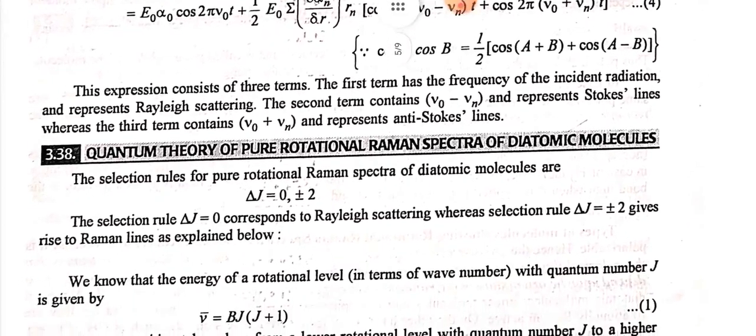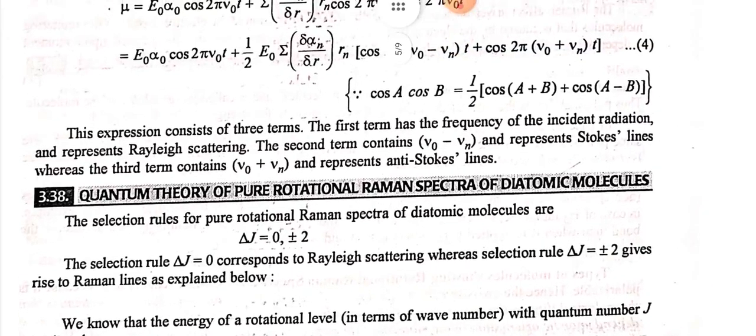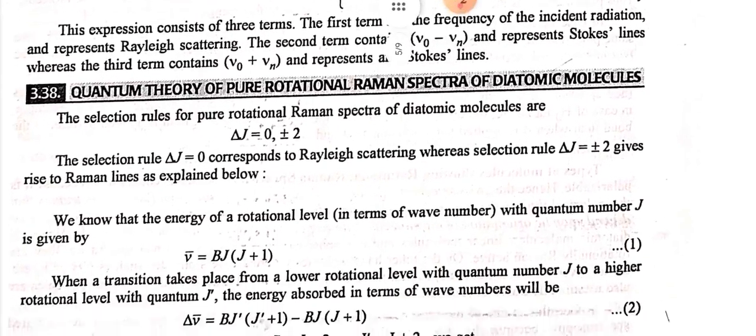This expression consists of three terms. The first term has the frequency of incident radiation and represents Rayleigh scattering. The second term, nu naught minus nu n, represents Stokes lines, and the third, nu naught plus nu n, represents anti-Stokes lines.